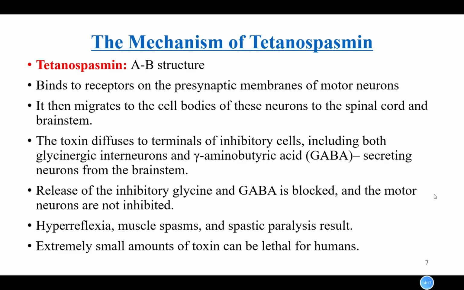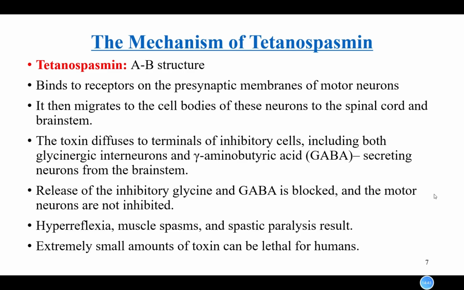It blocks the fusion of the membrane, so it blocks the release of neurotransmitter. So that's how the tetanospasmin works. It blocks the release of inhibitory neurotransmitter so that the motor neuron cannot be controlled. There is no inhibition of the motor neuron.